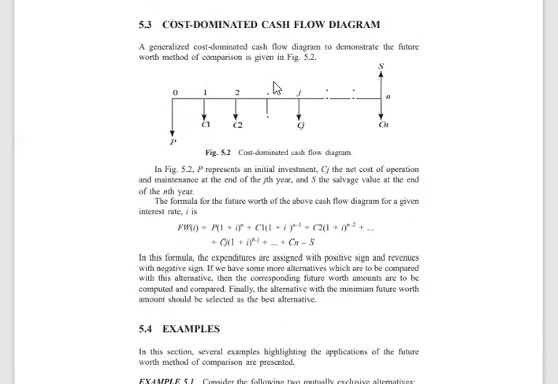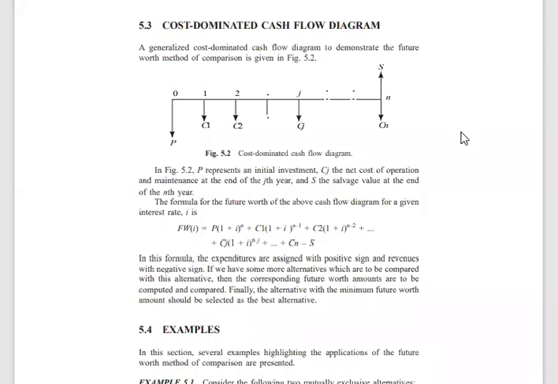Okay, cost dominated cash flow diagram. In a cost dominated cash flow diagram, the outflow will be assigned as positive, and the profit, revenue, salvage, that is all the inflow, will be termed as negative.